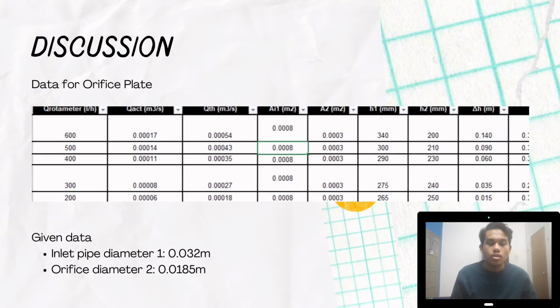As for H1 and H2, the results are from the experiment. To find the difference in H, we just do H1 minus H2. And lastly, for the coefficient of discharge, Q actual divided by Q theory.